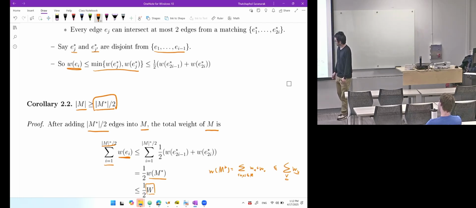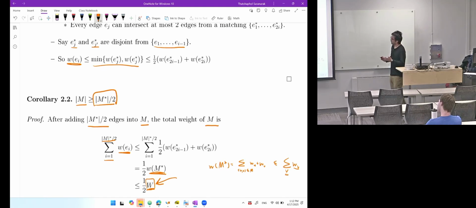Okay. So we get that this thing is at most W over 2. So it means what? It means that even after adding this many edges into M, we are still within what budget? So it will try to add another edge after that.